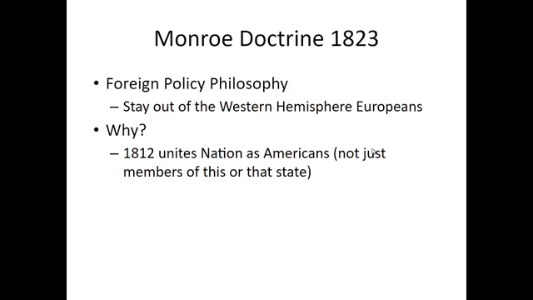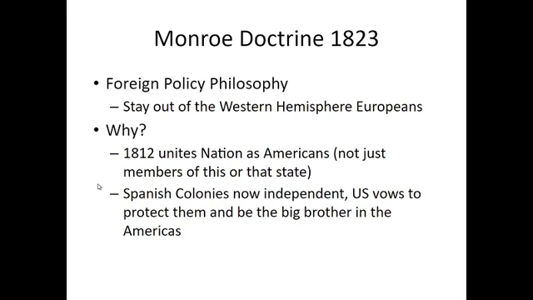Okay? And what we saw was that before the War of 1812, we were operating almost like each state was a little bit like its own country. And the War of 1812 starts to unify America as, no, we are one country. And that's going to create that sense of, now we're one country, now we're looking outwards, right?